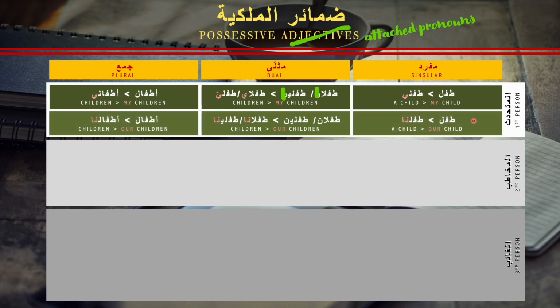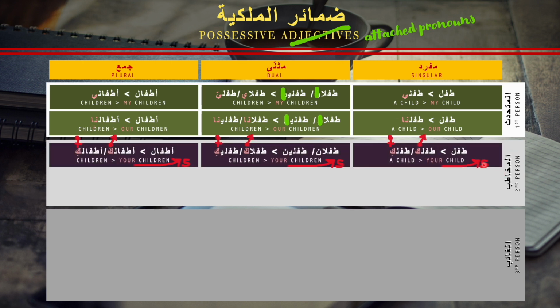The next, when I would like to say our child, so طفلنا, our child. What about the dual? The same thing, we will drop the noon for the dual and we end up with طفلان plus na, it becomes طفلانا, or طفلين plus na, it becomes طفلينا. For the plural format, similar, أطفالنا.